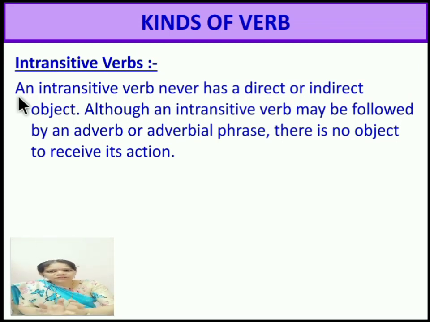The verb is self-sufficient to make a complete, sensible, meaningful sentence without having the receiving end object there. An intransitive verb never has a direct or indirect object, although an intransitive verb may be followed by an adverb or an adverbial phrase. There is no object to receive this action.